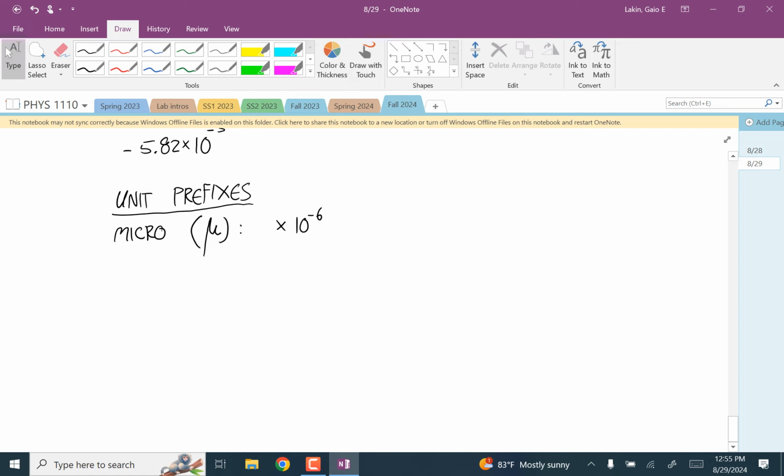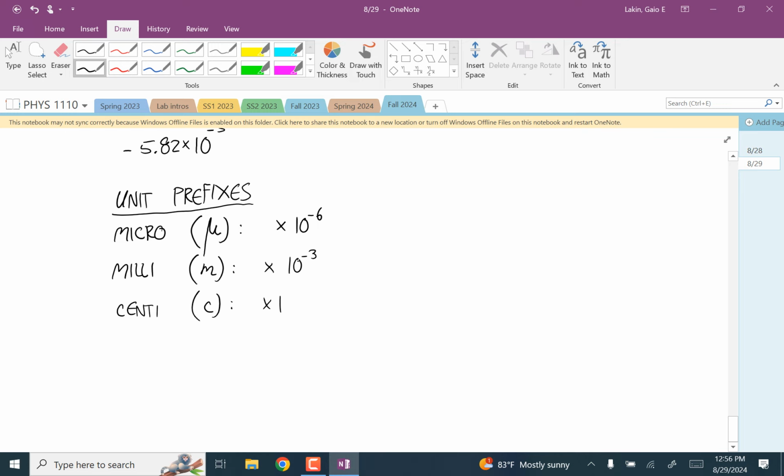And the next smallest one is milli. And that is represented with a lowercase m. And that means times 10 to the minus third. And the next one is centi. And that is a lowercase c.